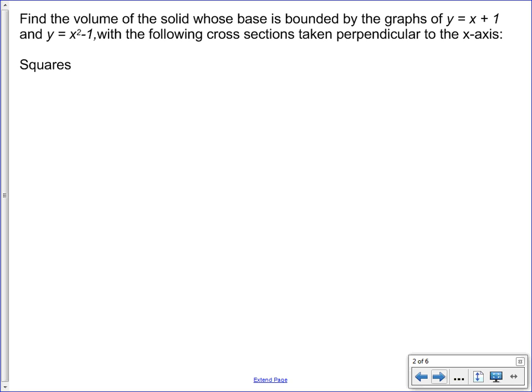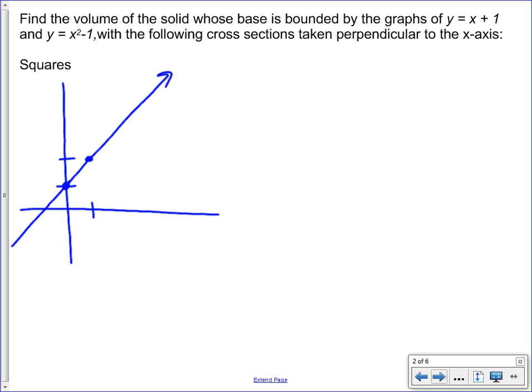Okay, so let's draw this picture. Y equals x plus 1. Looks like that, right? Y equals x squared minus 1.